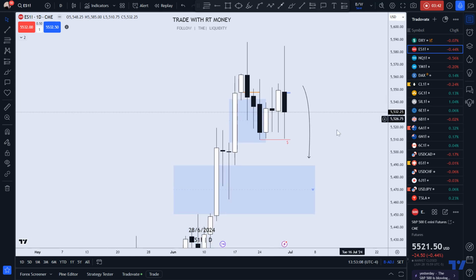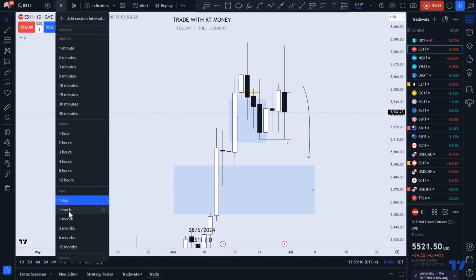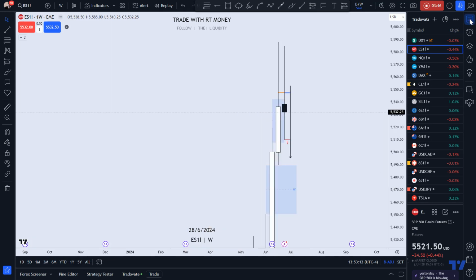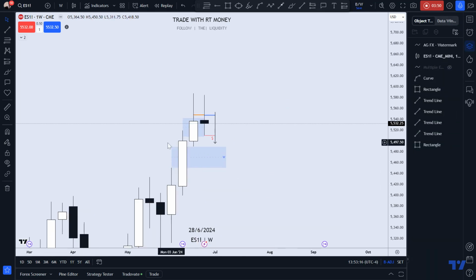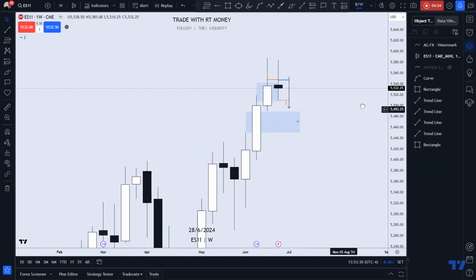Now I'm going to go to the weekly just to give you a clue as to how I'm thinking about it. We have a weekly fair value gap after this push higher, and then we have a follow up push higher with a close above that previous weekly candle.